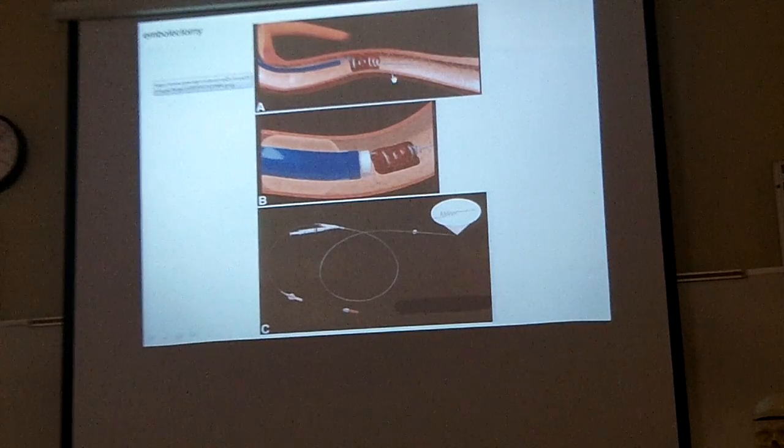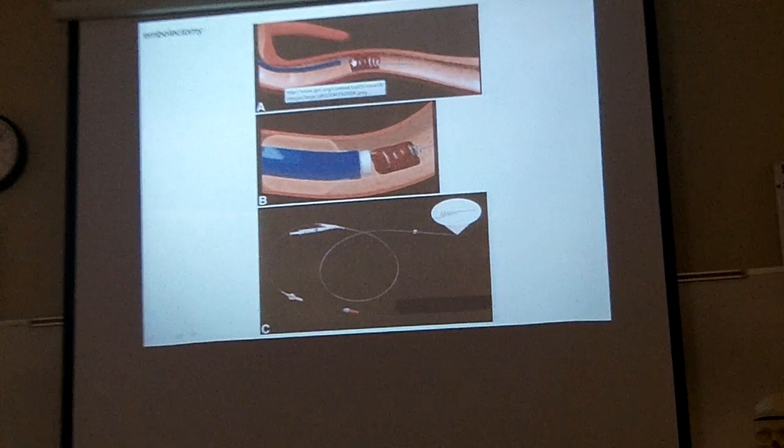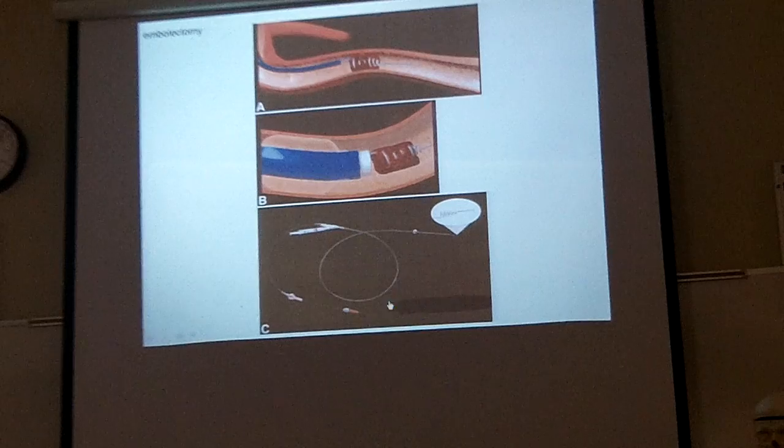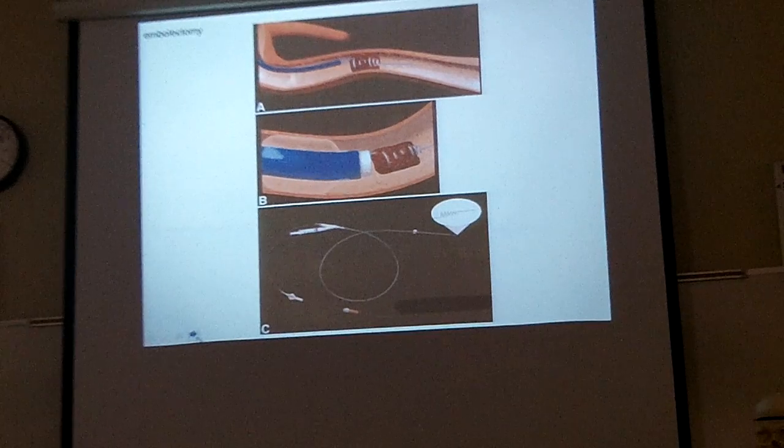That looks like some kind of tool, and I'm not a heart surgeon, that they stick in to remove that clot. Interesting. That's an embolectomy. An embolus is a clot that floats around inside your blood vessels. It can stop up the blood vessels.